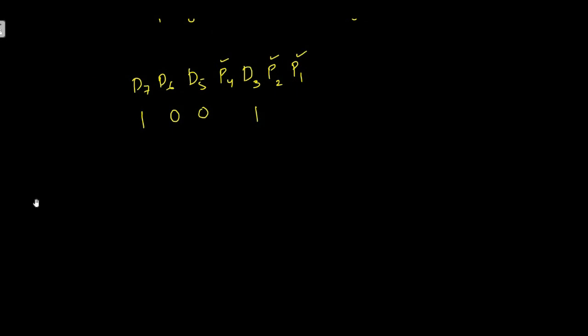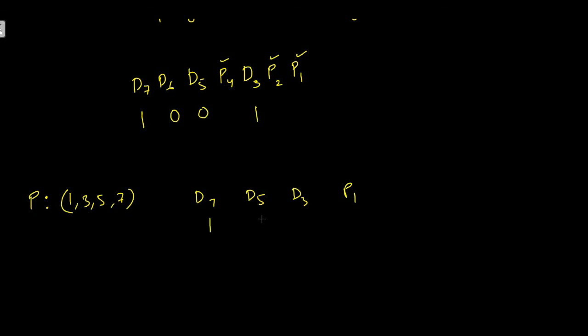Since P1 is set as even parity, for which digits? For 1, 3, 5 and 7. So we check it: D7, D5, D3 and P1.